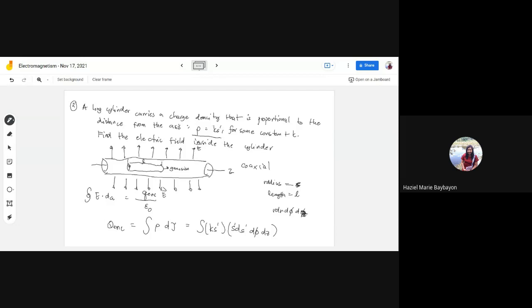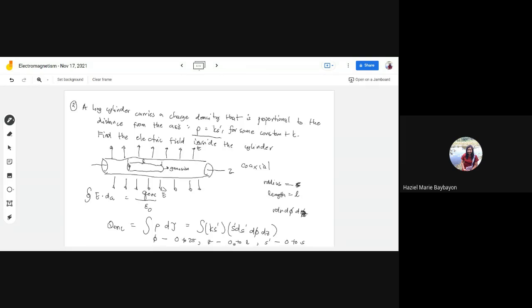Recall that for cylindrical coordinates, phi is from 0 to 2 pi. z should be integrated from 0 to L, the length of your Gaussian cylinder. And your s prime should be integrated from 0 to S. You should master this.